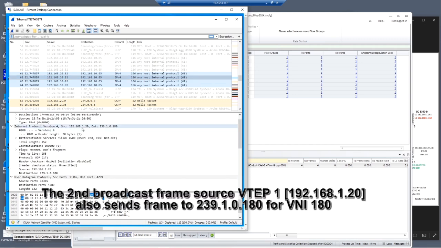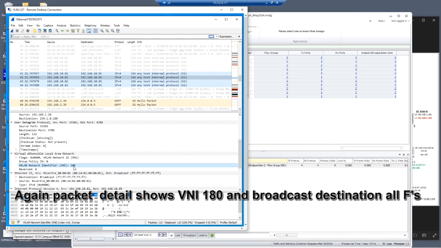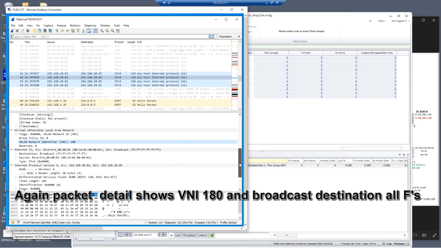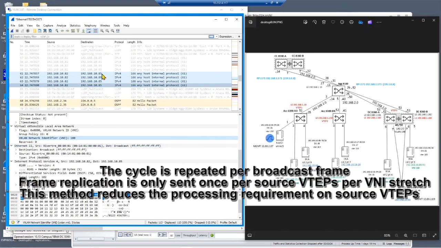The second broadcast frame from source VTEP 1, 1.20, also sends a frame to 239.1.0.180 for VNI 180. Again, the packet detail shows VNI 180 and broadcast destination, all Fs for this packet too. The cycle is repeated per broadcast frame.